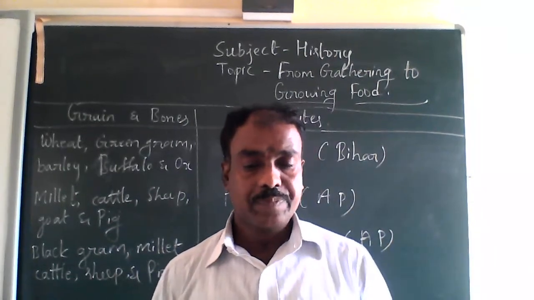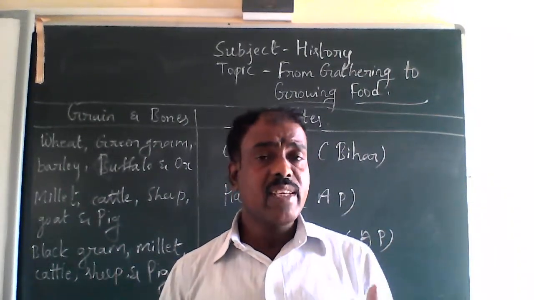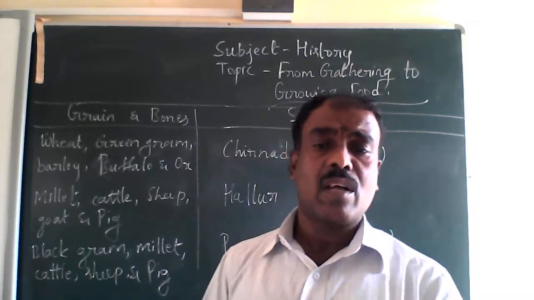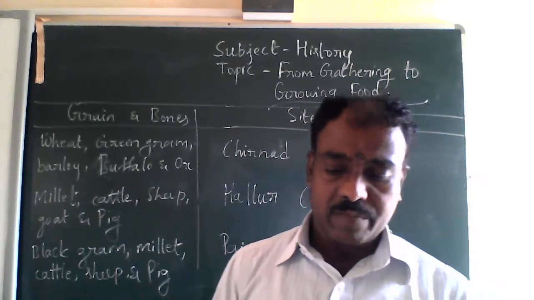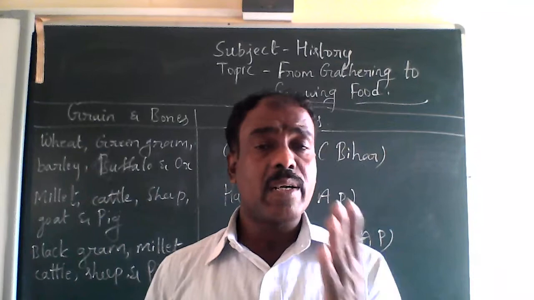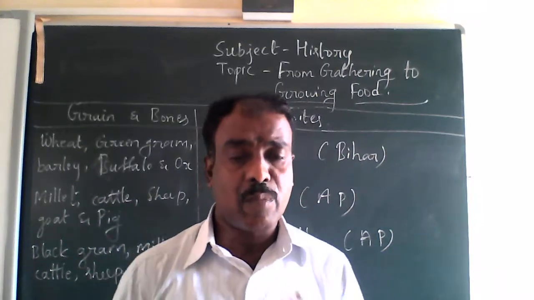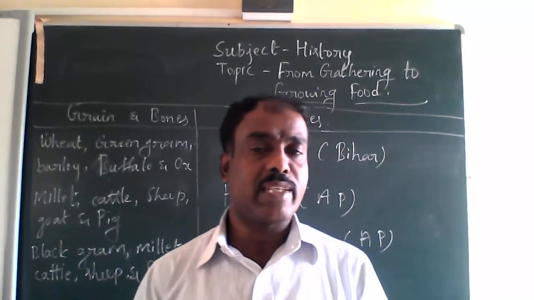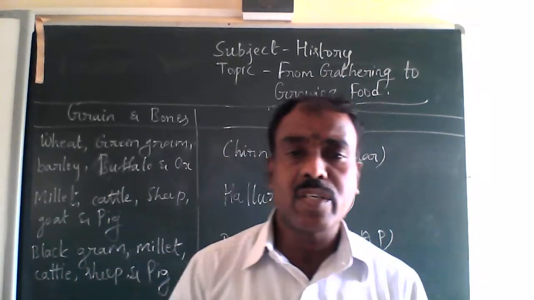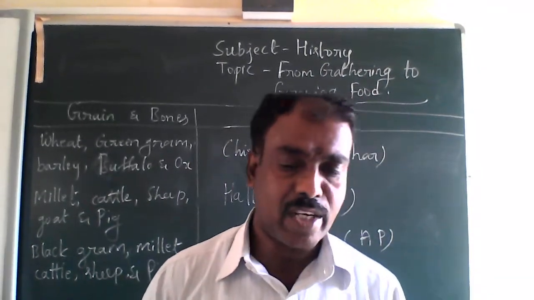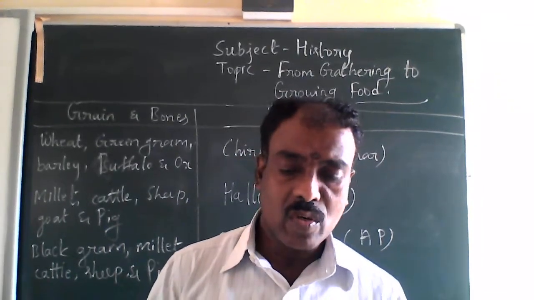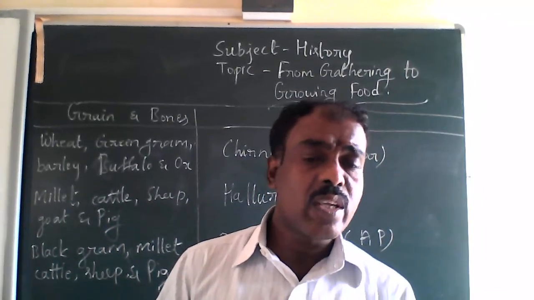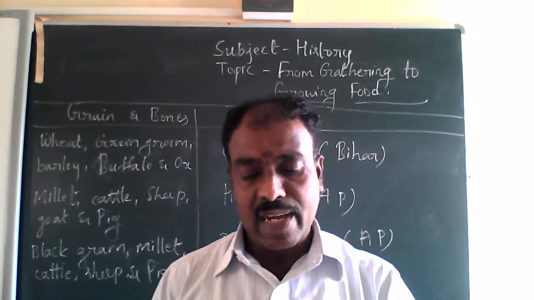Like this we can observe that the archaeologists found different grains and bones at different sites throughout the subcontinent, even from Kashmir to the southern part of the subcontinent. Understood now? So these are some of the important sites.